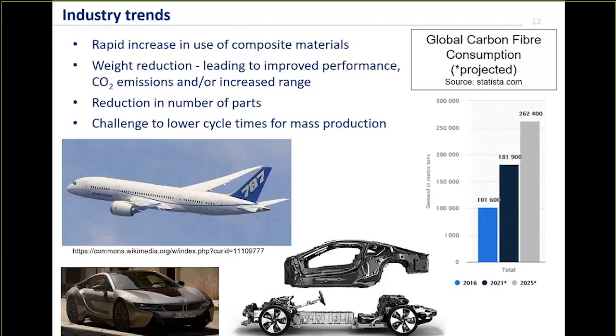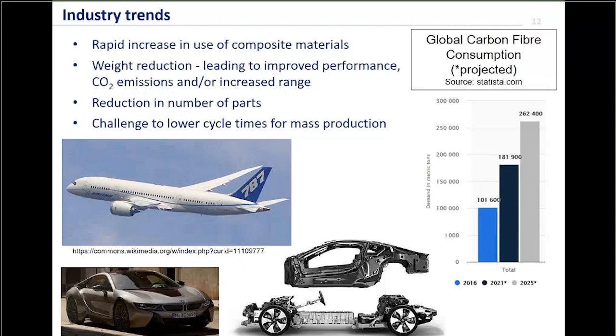Using composites does offer some other advantages as well. For instance, you can reduce the number of parts by developing more integrated structures by redesigning to use composites. However, there are some major drawbacks, particularly for the stronger materials, and particularly for the automotive industry, where they're really interested in short cycle times in production and low cost.